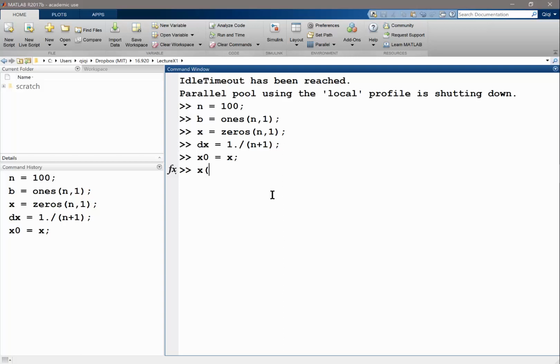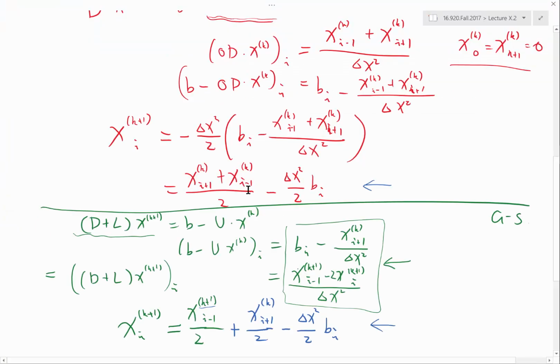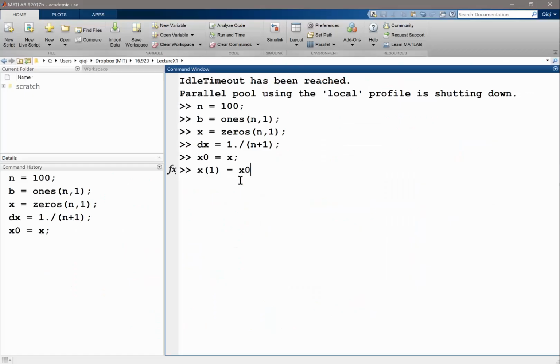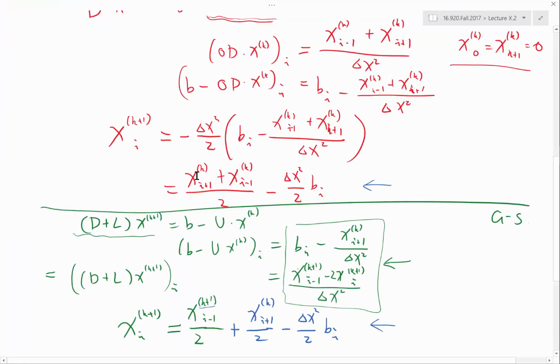So first of all, my x of 1, my left side, because I don't have any xi minus 1 at that grid point if i is equal to 1, so this is going to be 0. So this is just going to be x0 at 2 divided by 2 minus dx squared over 2 times b1. That's my first grid point. Then I loop for i equal to 2 to n minus 1, because at n, I also have a special formula; I don't have i plus 1 anymore.